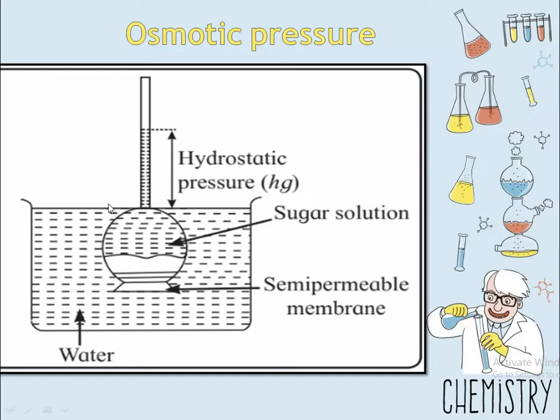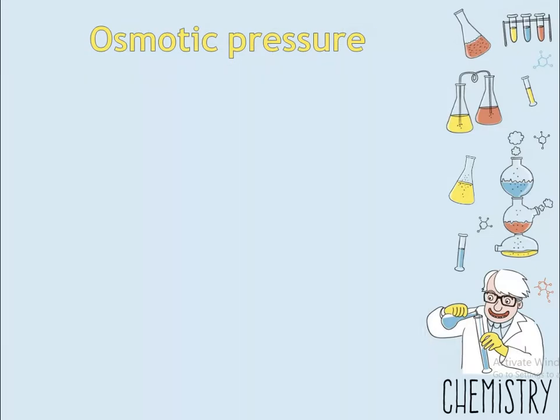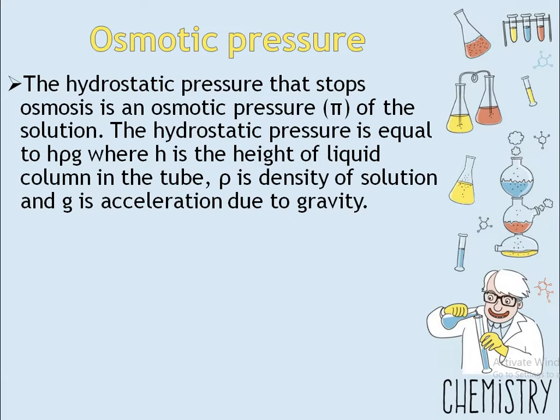This point, or this pressure produced by the hydrostatic pressure, which stops the flow of solvent molecules into this solution, is called osmotic pressure. Thus, the hydrostatic pressure that stops the process of osmosis is the osmotic pressure of the solution.